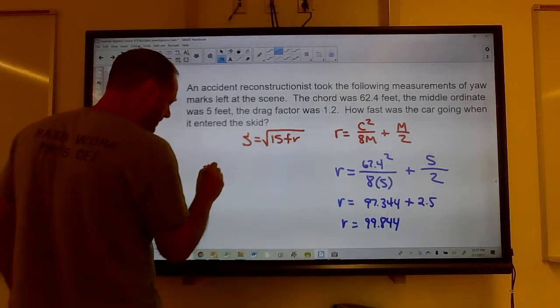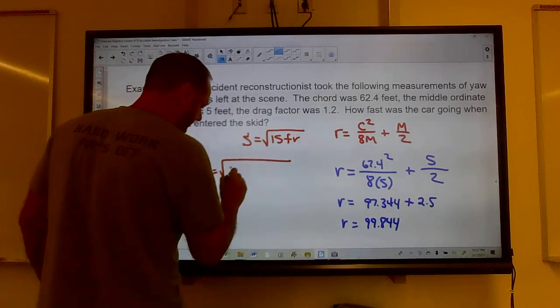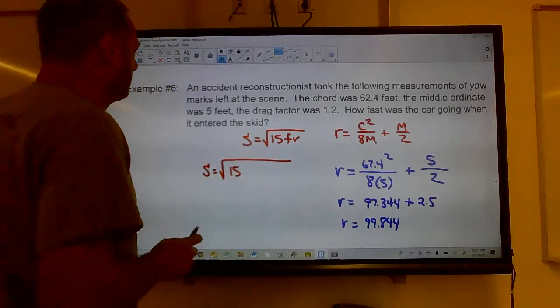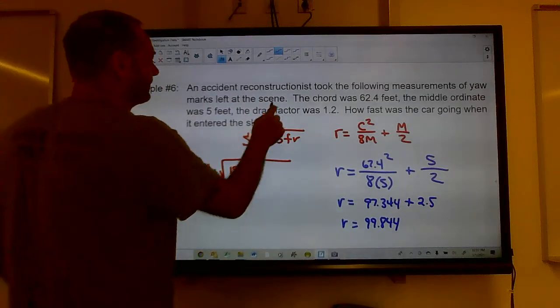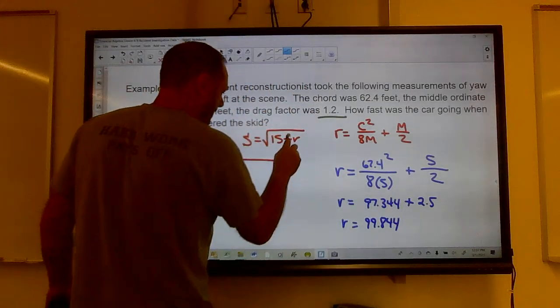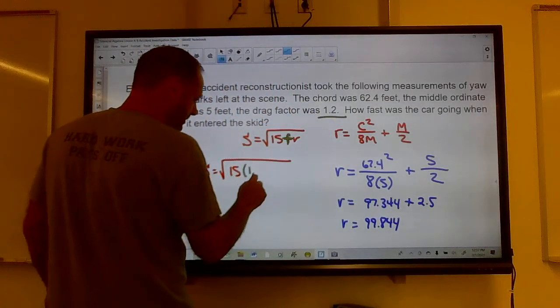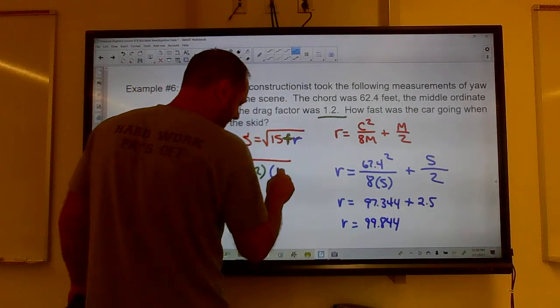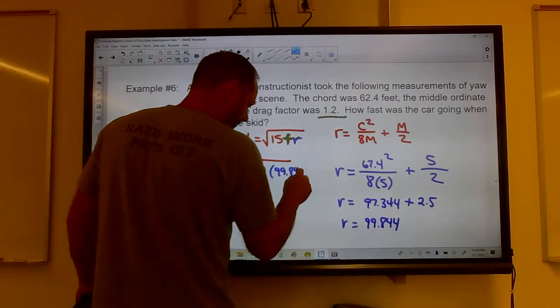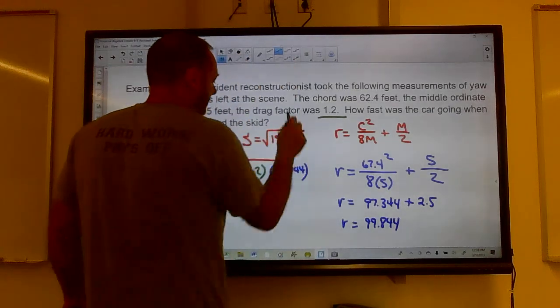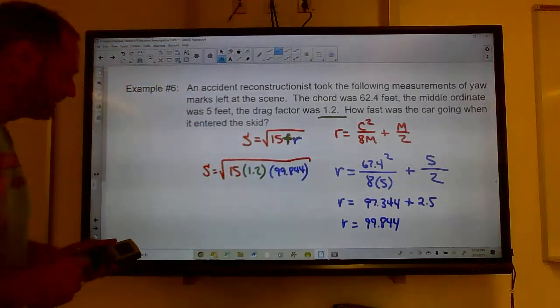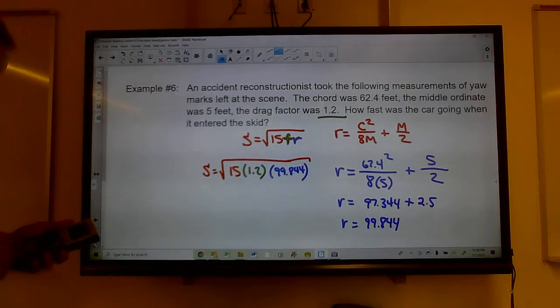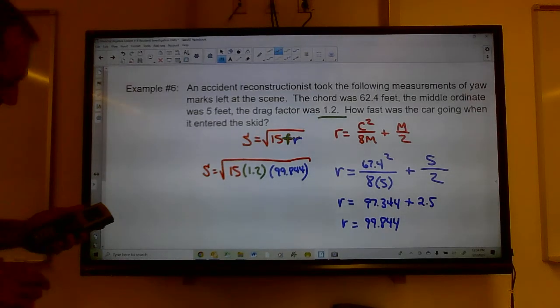Now, S is going to be the square root of 15. The drag factor was 1.2. And R is 99.844. All this stuff looks scary, but it's really not that bad. So 15 times 1.2 times 99.844.